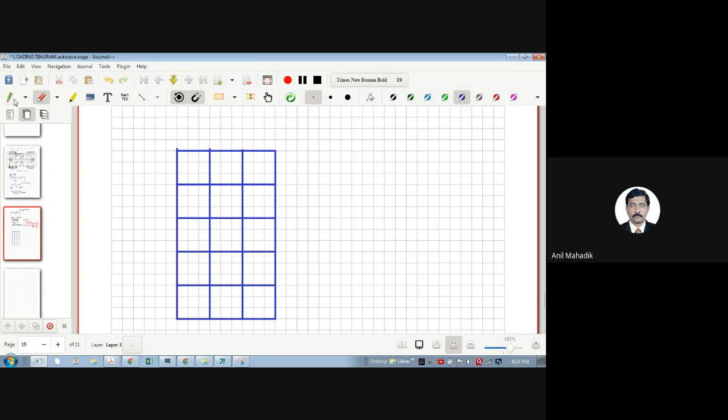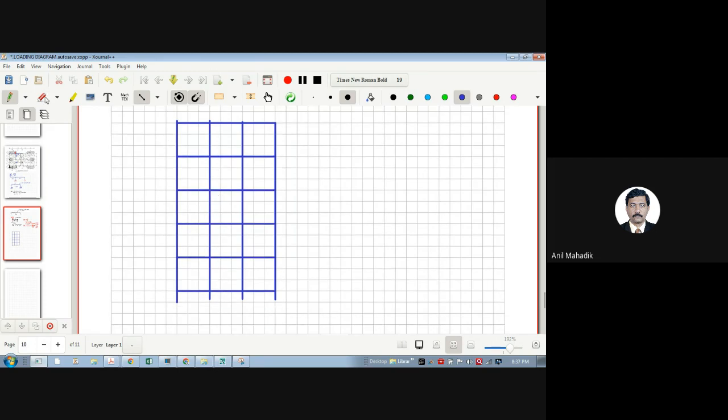Let's say this is your building and there are footings below. Now all these columns are going above: C1, C2, C3, and C4.